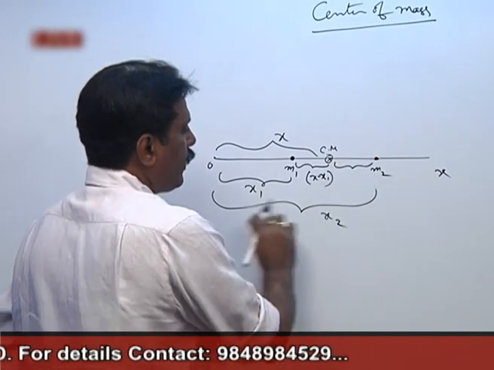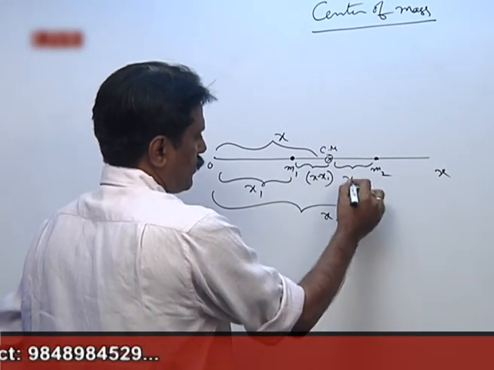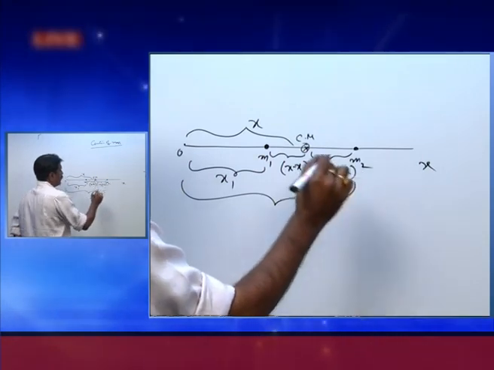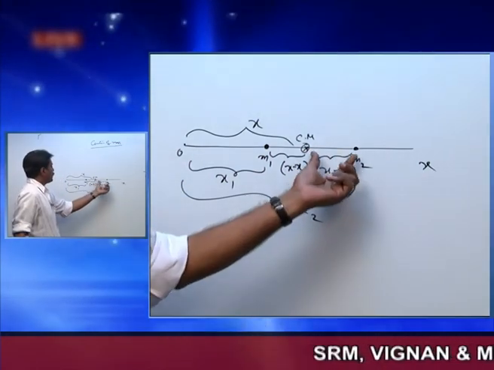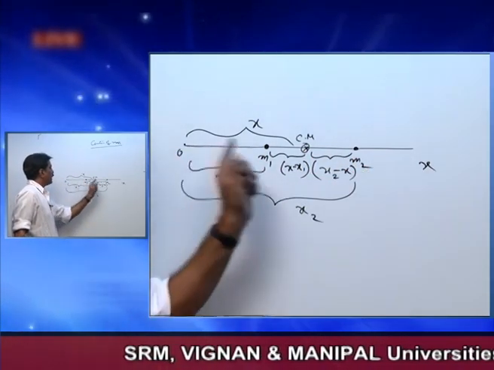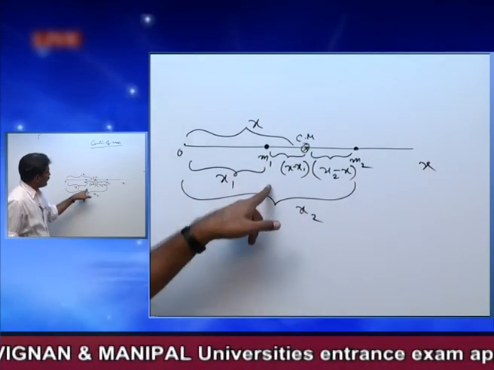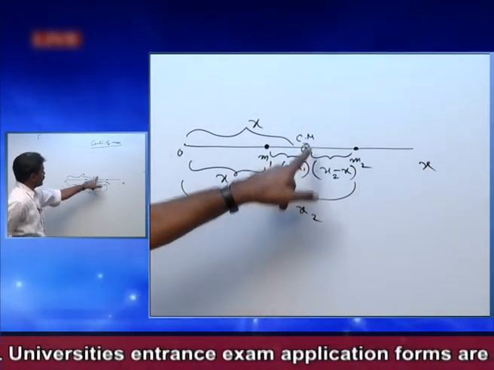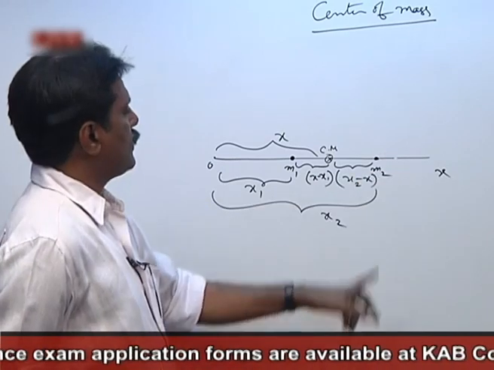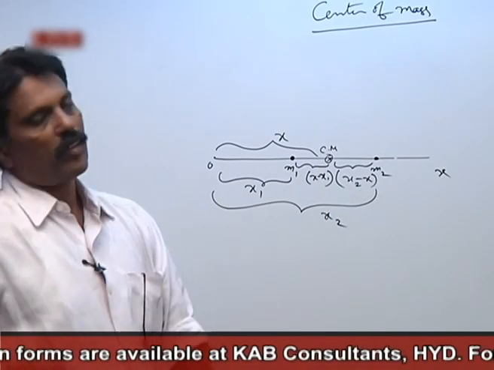Similarly, this distance is equal to x2 minus x. You can see this clearly. Therefore, m1 is at a distance x minus x1 from center of mass, m2 is at a distance x2 minus x from center of mass.